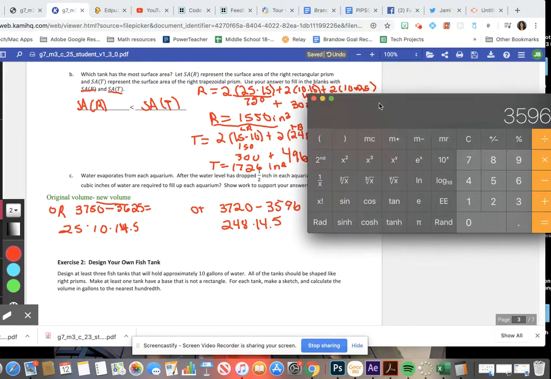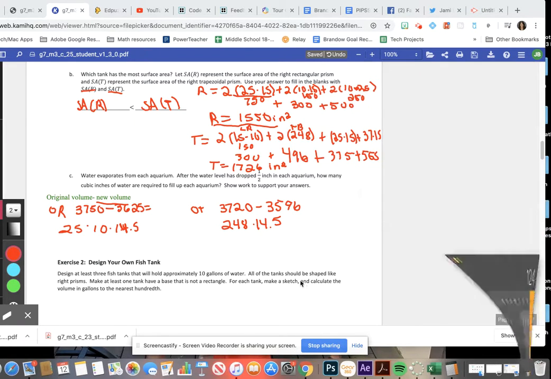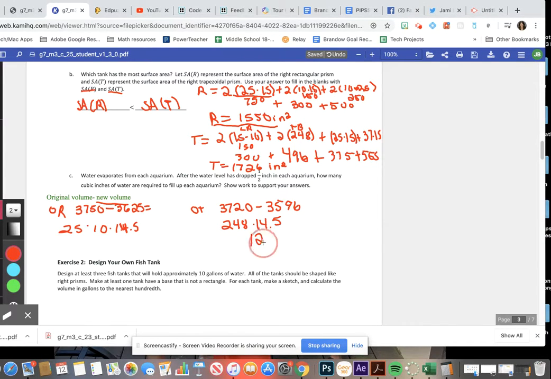All right, and then I can subtract. Let's just start with the trapezoid tank. The original was 3,720 minus the new filled, which is 3,596. That's 124. 124 cubic inches you would need to fill this aquarium back to the very top.